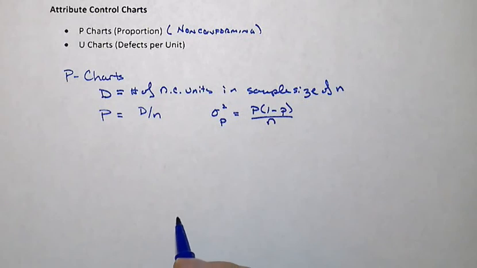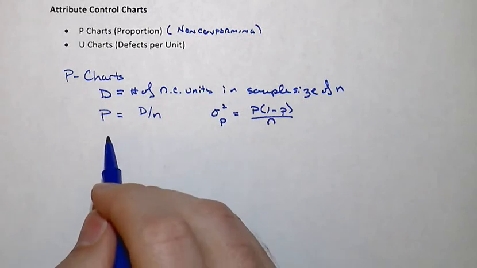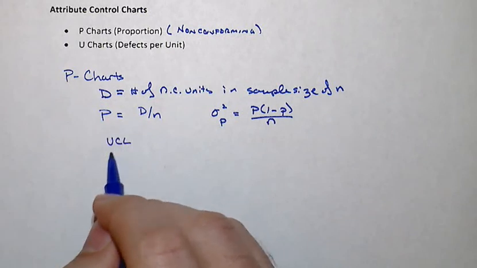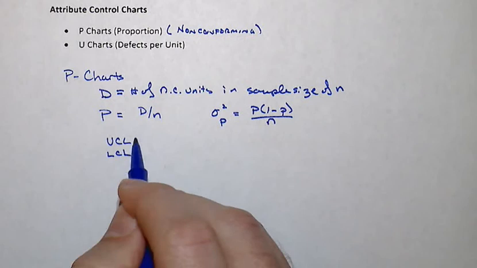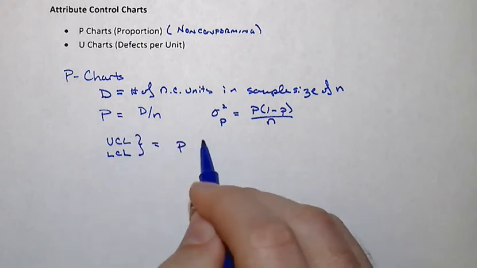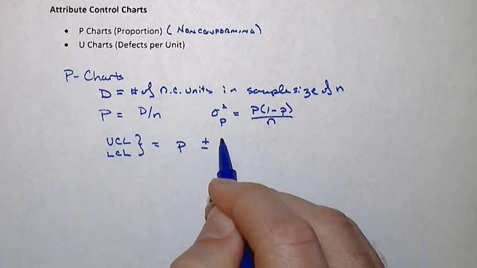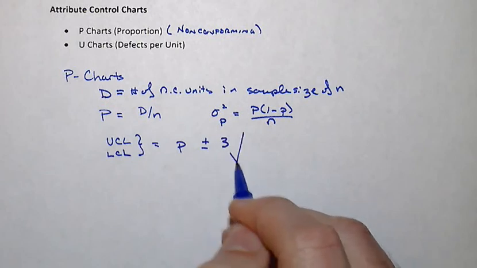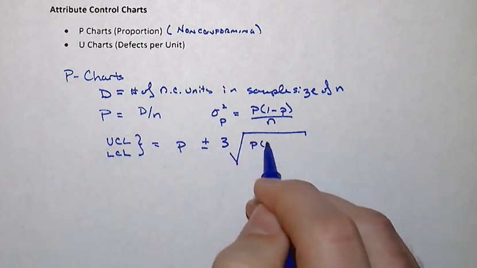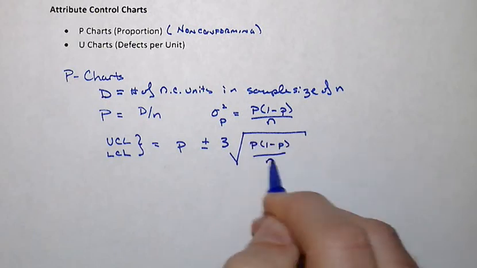Right? And so a P chart will establish our upper and lower control limits around P, plus or minus, and if we're still doing the 3 sigma approach, then 3 times the square root of P times 1 minus P all over N.